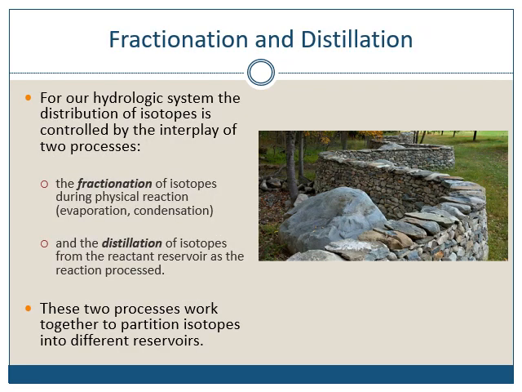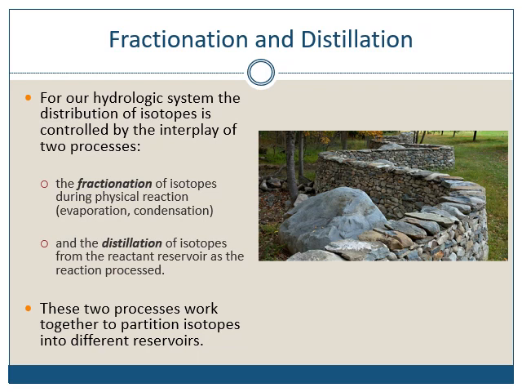So for our hydrologic system, the distribution of isotopes is controlled by the interplay of two processes: the fractionation of isotopes during physical reactions of evaporation and condensation, and then the distillation of isotopes from the reactant reservoir as the reaction proceeds.